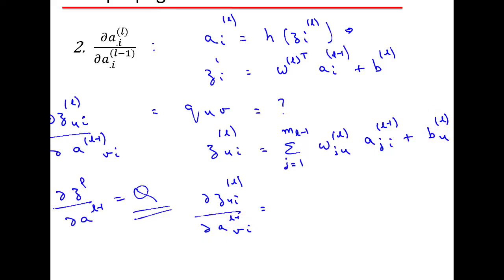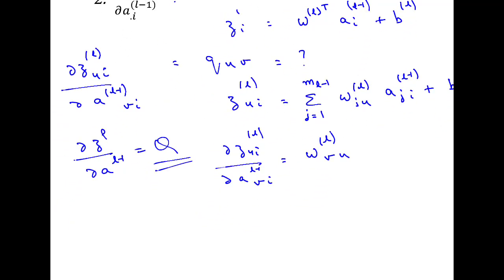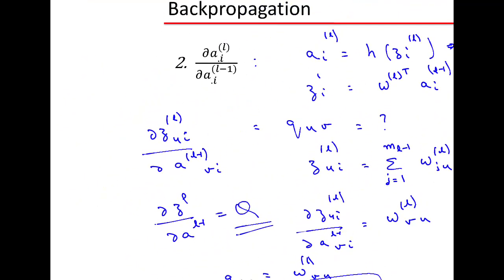This is only dependent on A L V I when J equals V. All the other terms are 0. And then it's a linear relationship. So what do I get? W L V U. Okay? So I get Q U V equal to W L V U, or in other words Q equal to W L transpose.